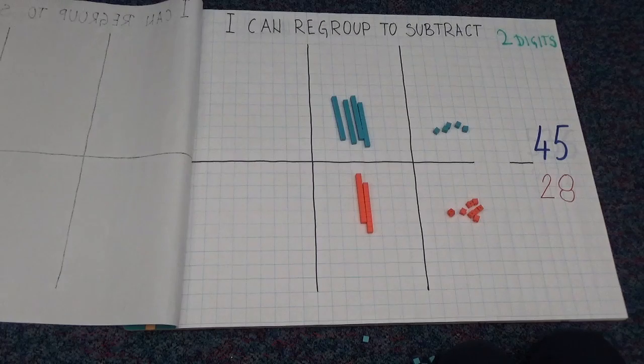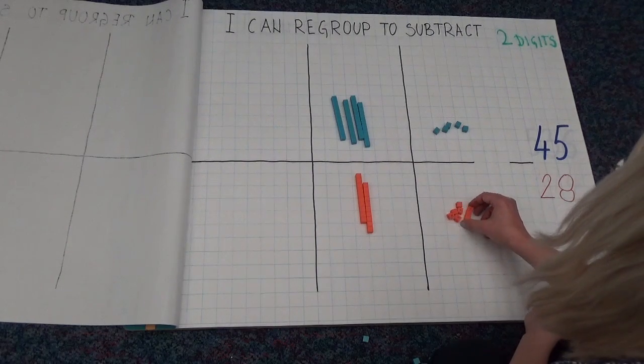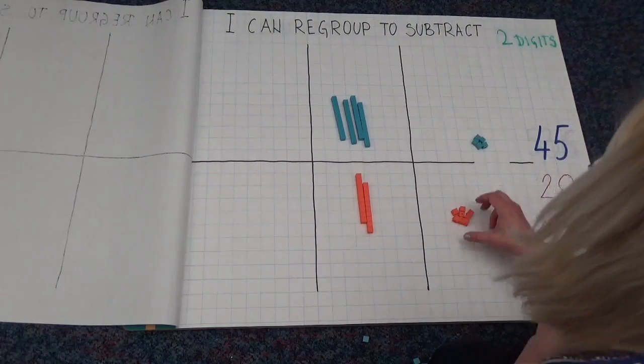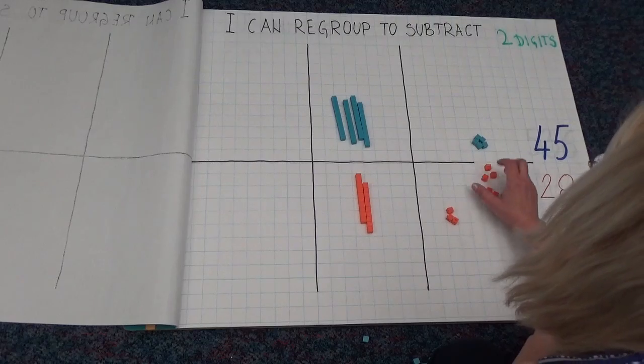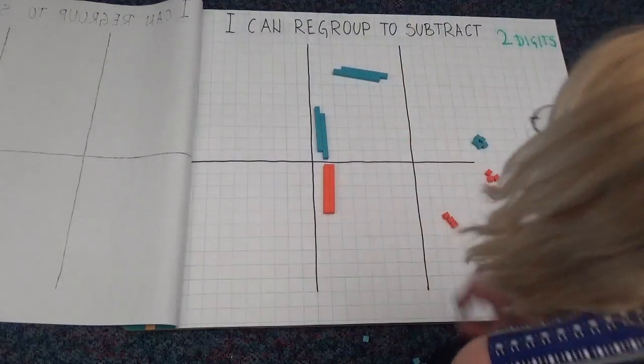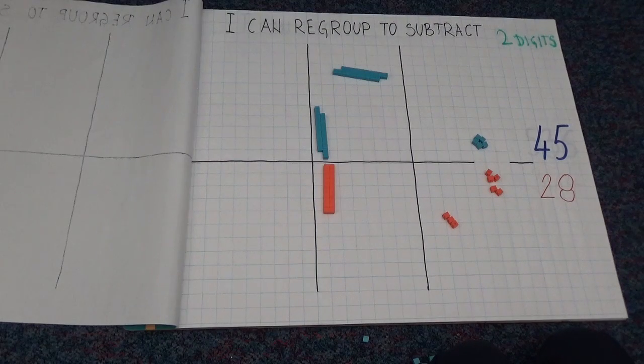Okay, so let's start matching. I have 8 here and 5 here. What can I match? I can match 5 with 5, and I have 3 left. I can match 2 and 2, and I have 2 left. Now what? What can I do?